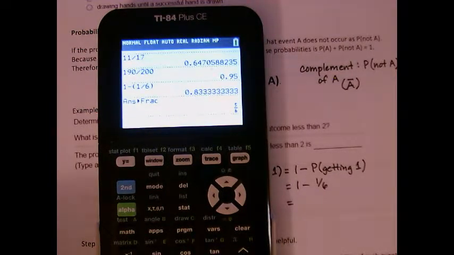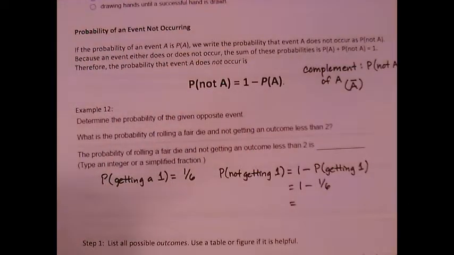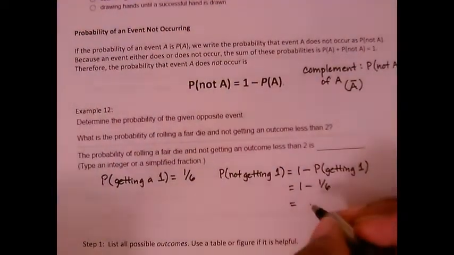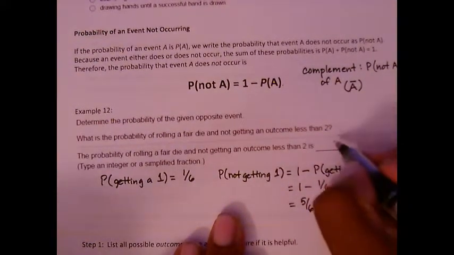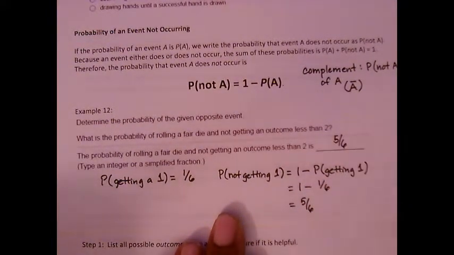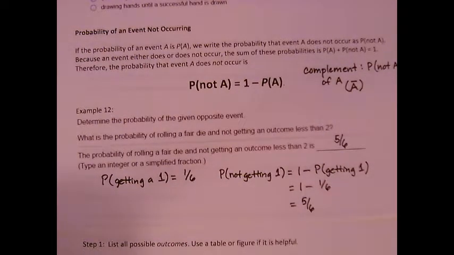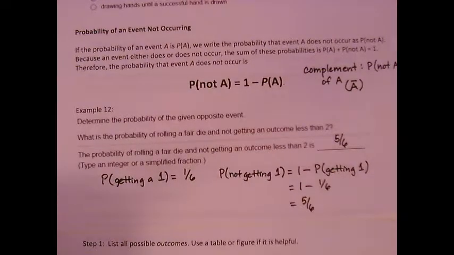And then hit Enter. This will give you 5 over 6. Okay? So 1 minus 1/6 will be 5/6. So the probability of rolling a fair die and not getting an outcome less than 2 would be 5 over 6.